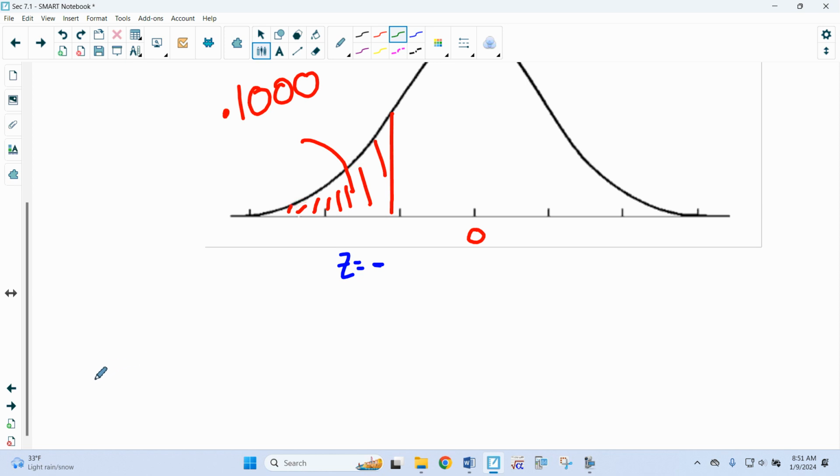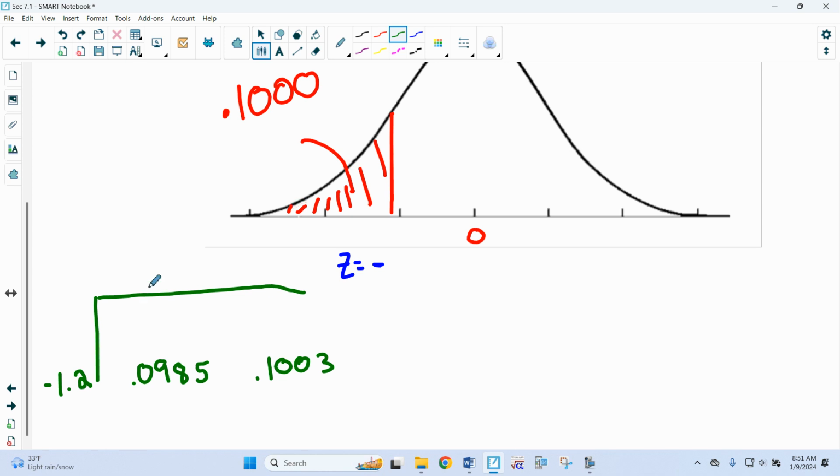But if you look at your chart and go to negative 1.2, you see 0.0985 to 0.1003. And if I go all the way to the top, this is 0.09, and this is 0.08.